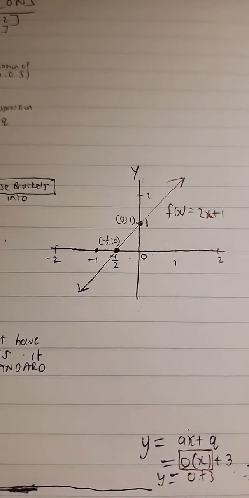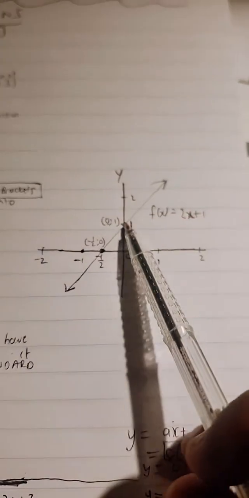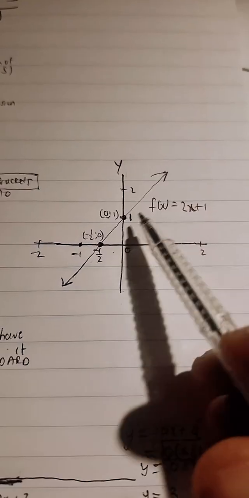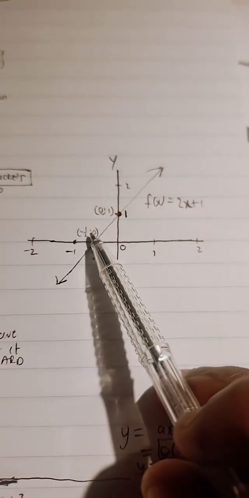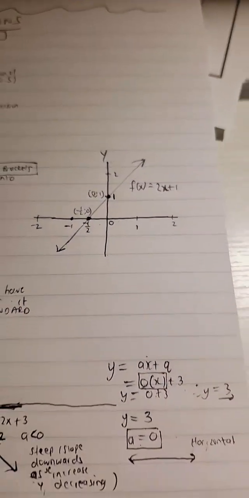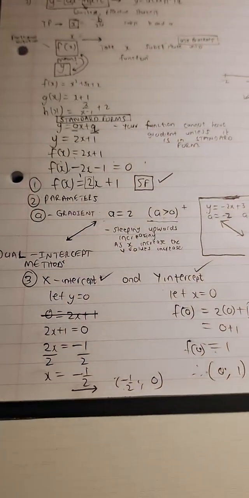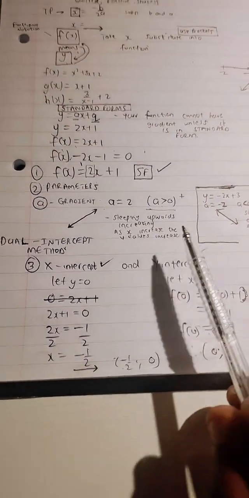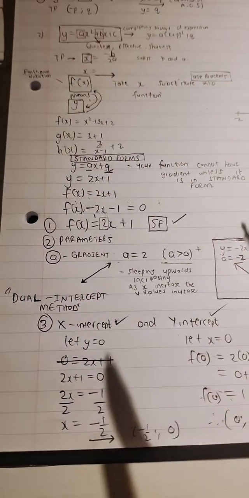But if you really feel like you'd rather be safe than sorry, then go ahead, be safe, my dear, especially if it's second nature for you. Write down the coordinates 0 and 1, negative half and 0, and then please label the function to show that it is the function f of x. So for a straight line, it's quite straightforward.